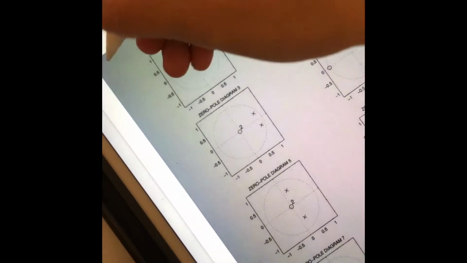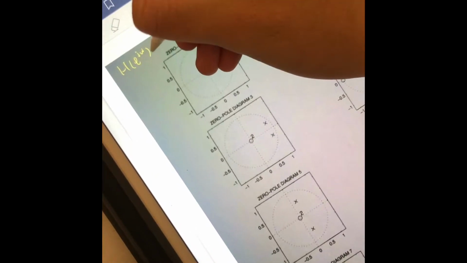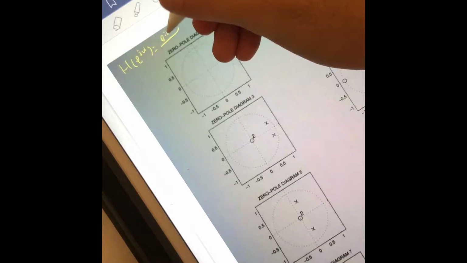In this video, I'd like to solve problem 22. For the first diagram, we can assume that H of e to the power of j omega equals to this one.